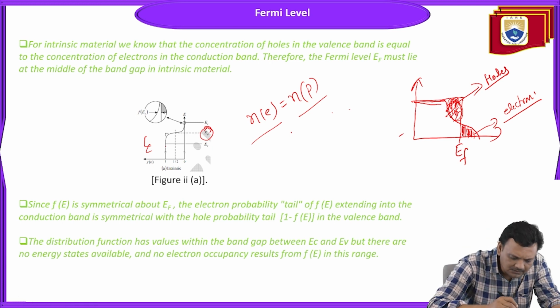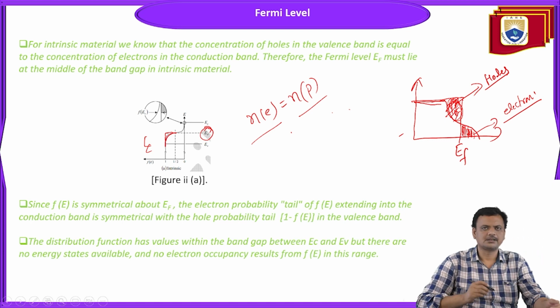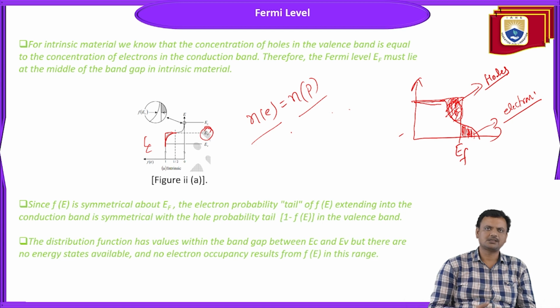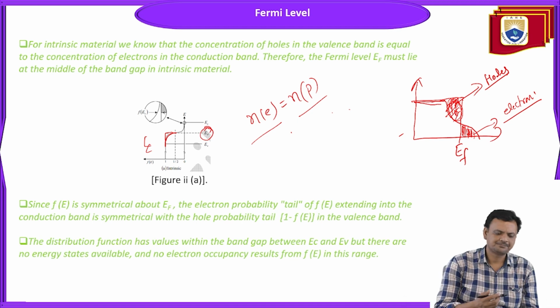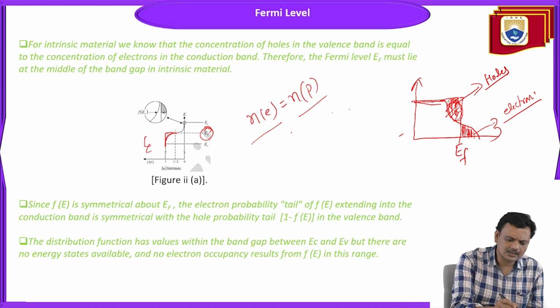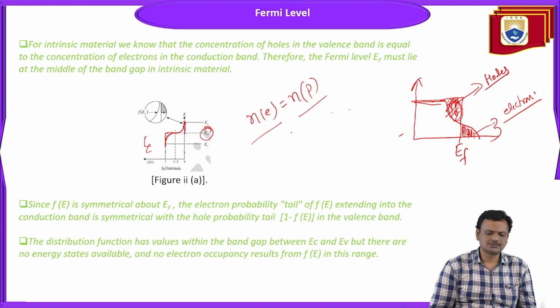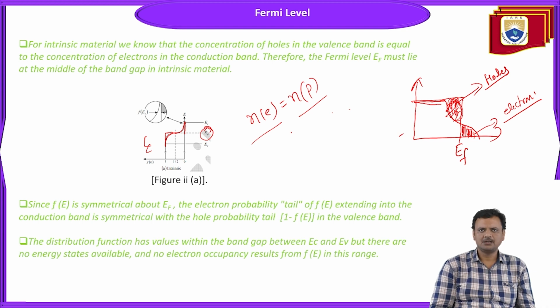Let's say again, from this region to this region, there is the chance that holes can be generated, because the levels may remain unoccupied. And in this region above the Fermi level, there is the chance that the levels will be filled.